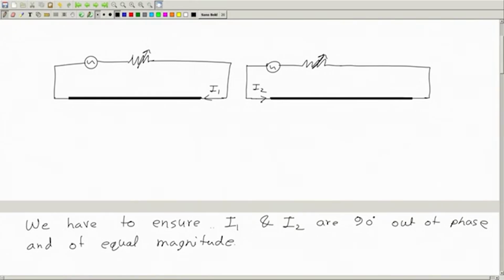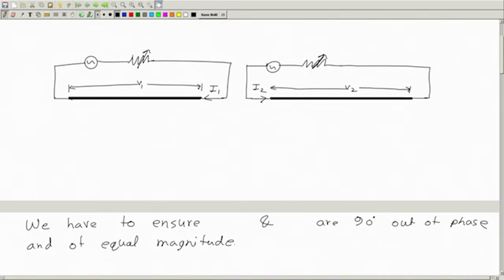Okay, this will actually ensure, let me write it directly. So we have to ensure that the voltage, call this voltage V1, and this V2, lengths are the same.